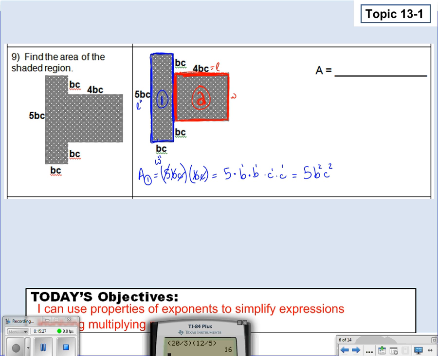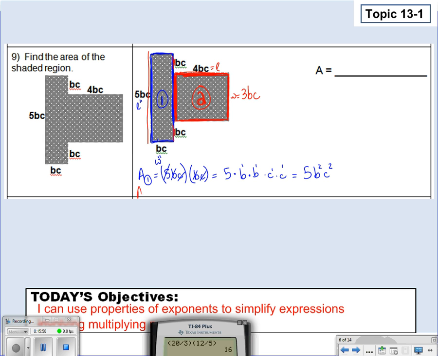I know that this entire side is 5, but I am going to take away 1 BC and another BC. So if I have 5 minus 1 for this piece and 1 for this piece, that leaves my width as 3BC. There should be 3 of them left.